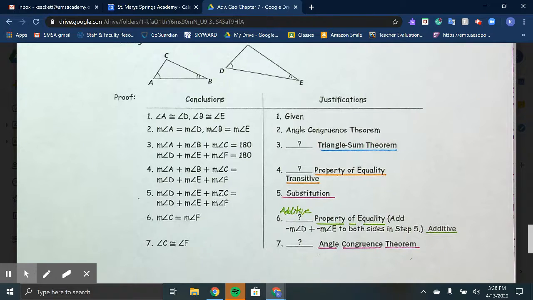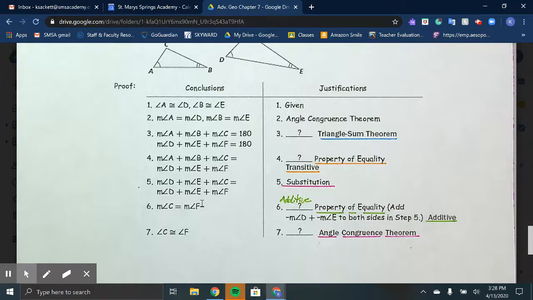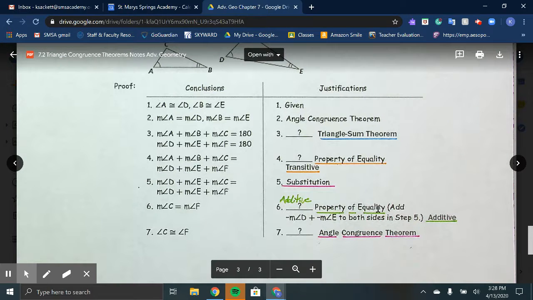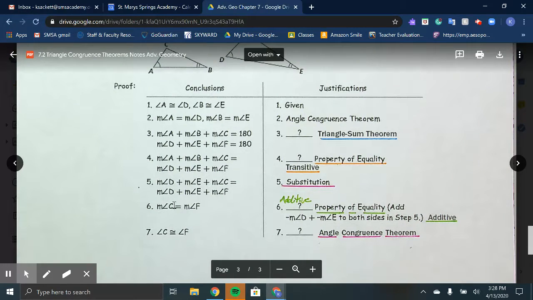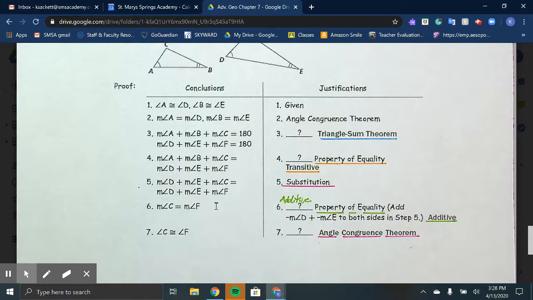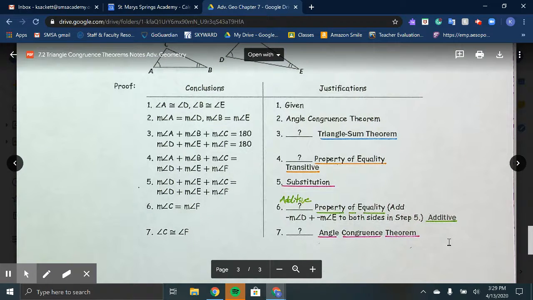Then they substituted by replacing A and B with angles D and E. That allows angle D and E both to cancel by subtraction, which is also the additive property of equality. So here they're showing you what they did. And then that leaves us with measure of angle C equals measure of angle F, which means angle C is congruent to angle F from the angle congruence theorem.